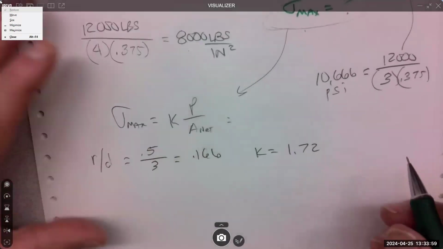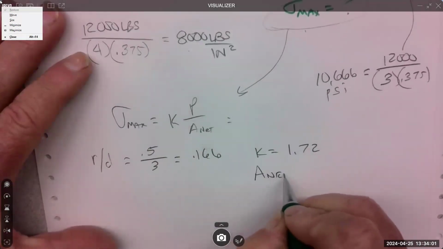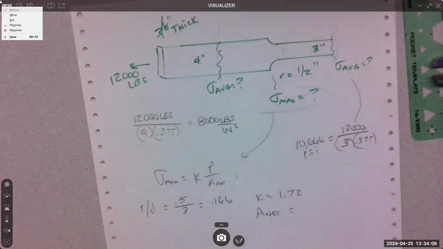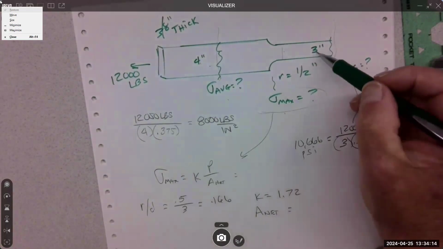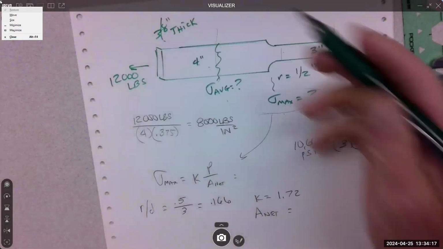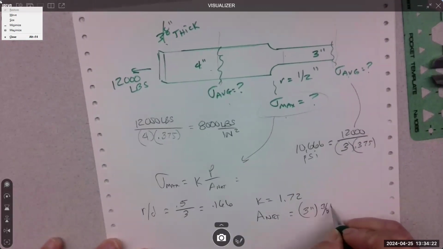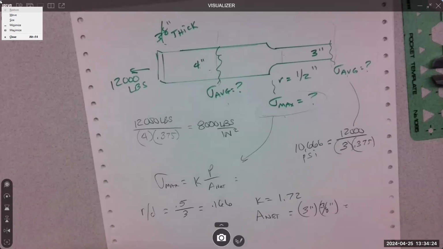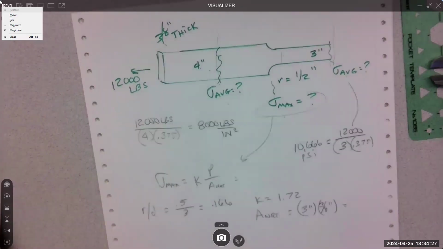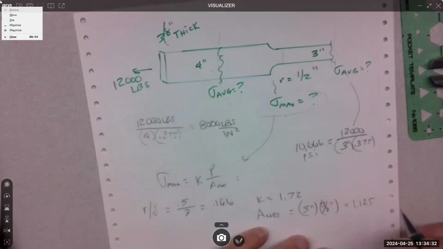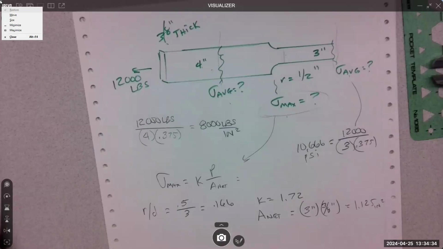So we need area net. That's going to be that reduction, right? It's 3 inches times 3/8 of an inch, which is 1.125 inches squared.